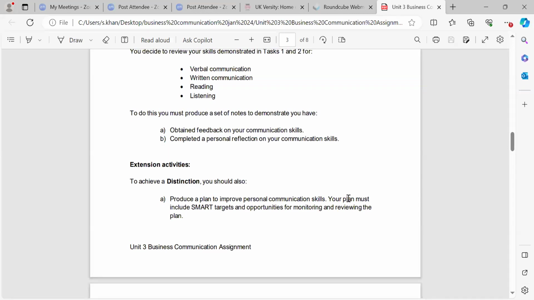So what you need to do is make sure that when you are submitting the assignment, you have your name, the unit name, your college ID number, and you have the task number, the tasks highlighted with what you are doing in each part of the task.